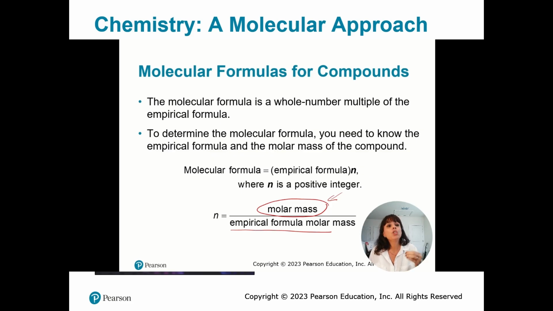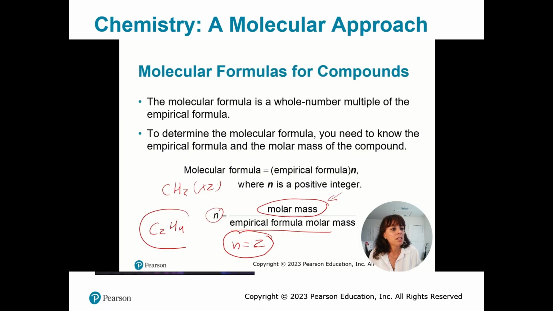Then you're going to find a ratio that you multiply by. Imagine if I find 2 here, and my empirical formula is this. If my ratio is 2, I multiply everything by 2, and I'm going to have this. This is my molecular formula.